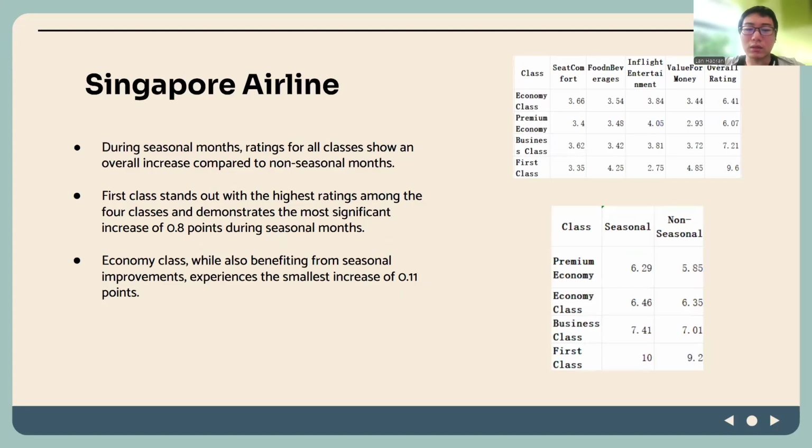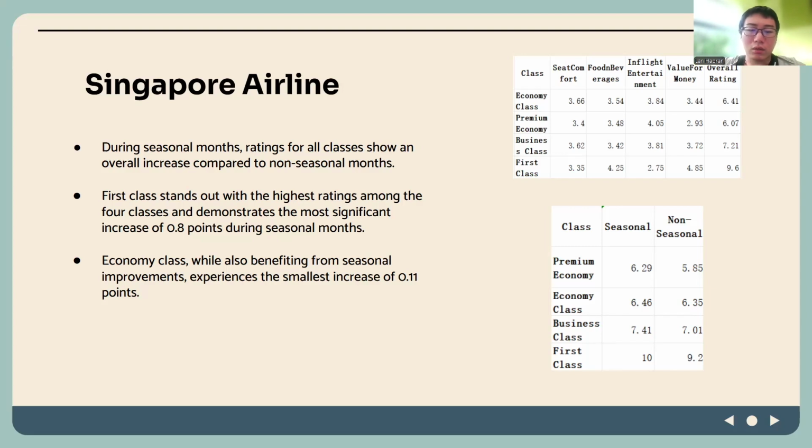And first class stands out with the highest rating among the four classes, achieving the most significant seasonal improvement with a 0.8 point increase, showcasing a strong focus on premium experiences.